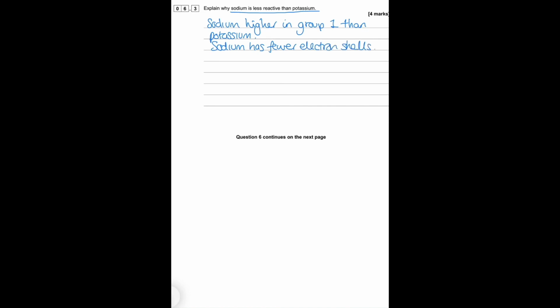This means its outer electrons are closer to the nucleus. And this means there's greater attraction. Now, if there's greater attraction of the outer electrons to the nucleus, they're going to be less easily lost.